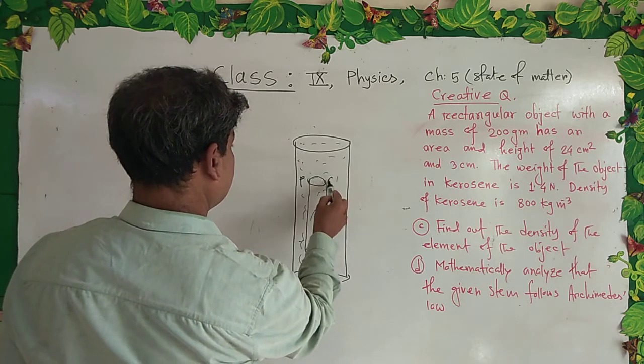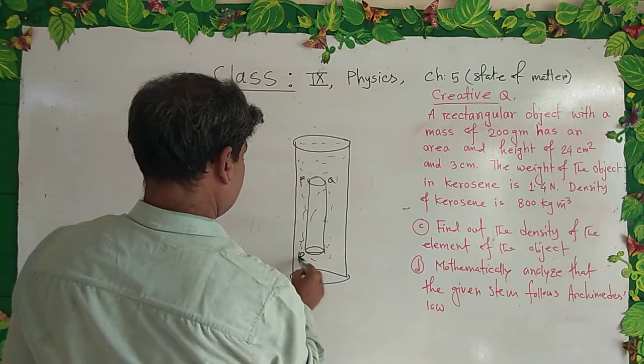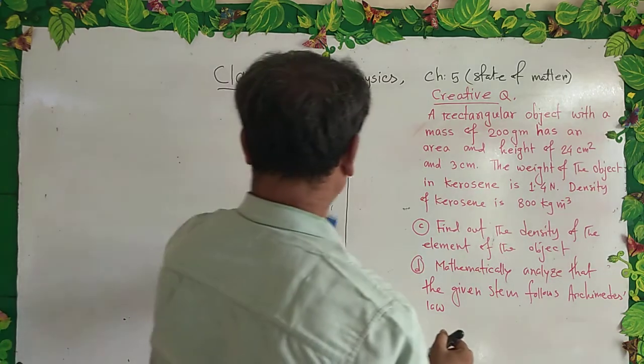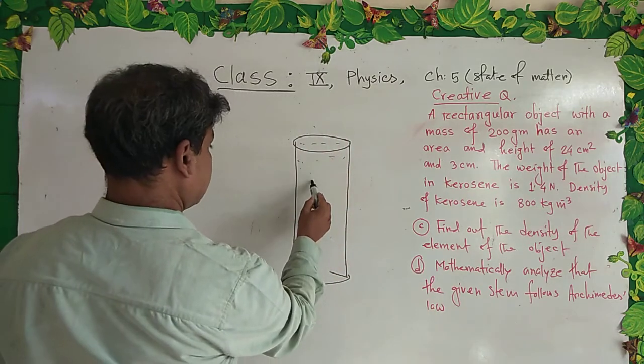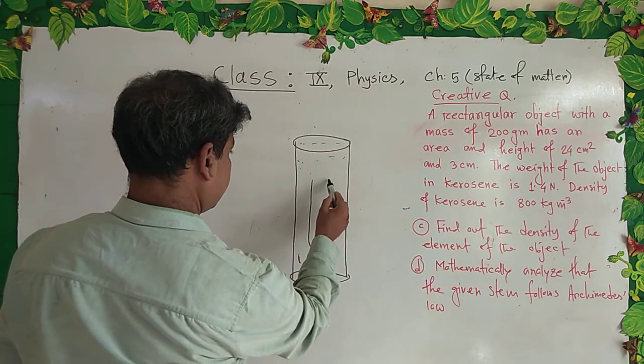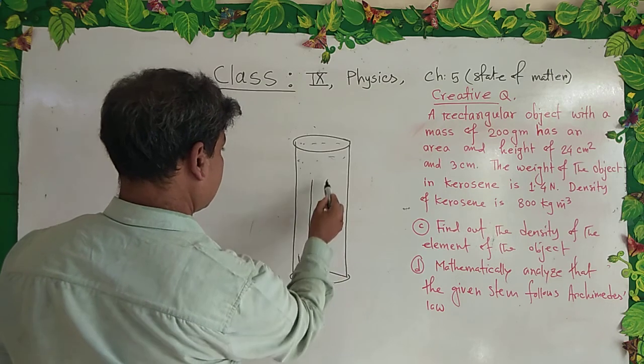This is PQRS. Let us place a cylinder inside the jar.